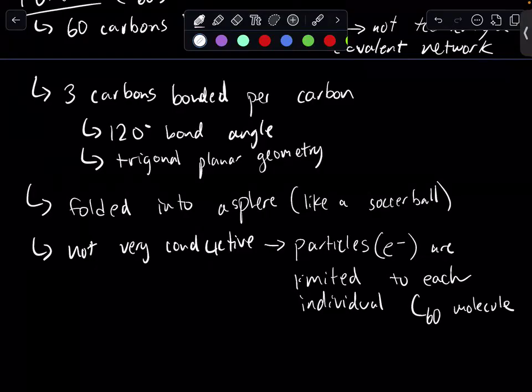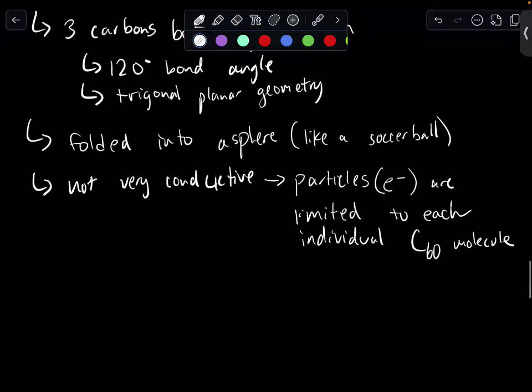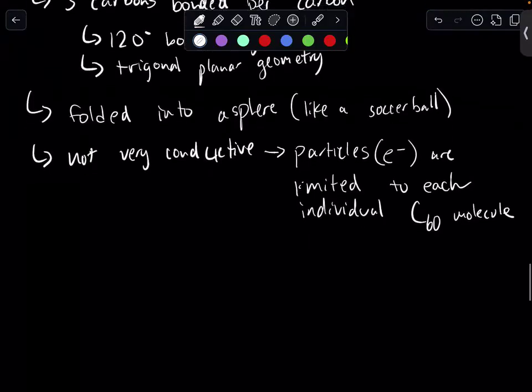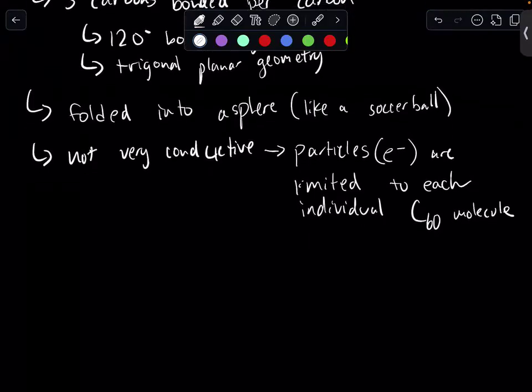So you can only conduct as far as the molecule's width. You wouldn't conduct from one molecule to another. And what we use it for is drug delivery in medicine. It can bring drugs to very specific areas, so it's very good for targeted delivery.